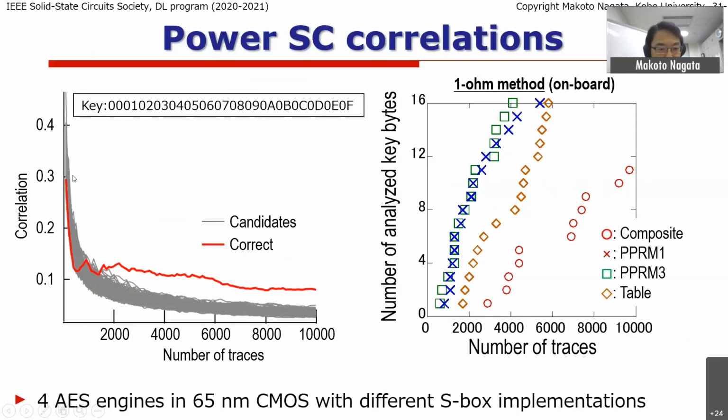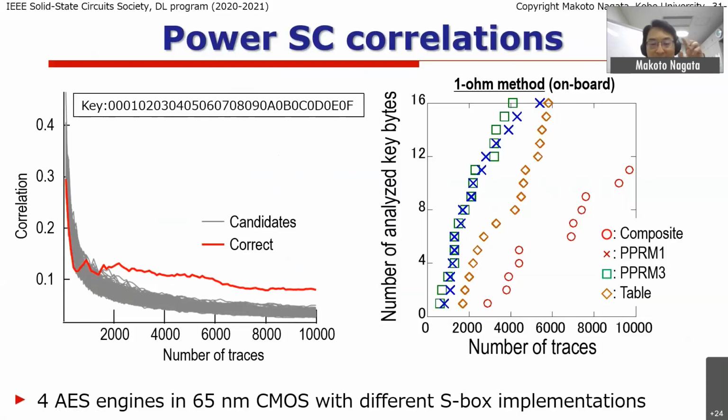In this particular case, among the 256 different candidates, only one of them has a different trend in terms of the correlation with the measured numbers, like a voltage drop. Once we determine the one especially different from the others, this can be the potential key number. And this will be repeated for the 16 different bytes in the operation of the AES.